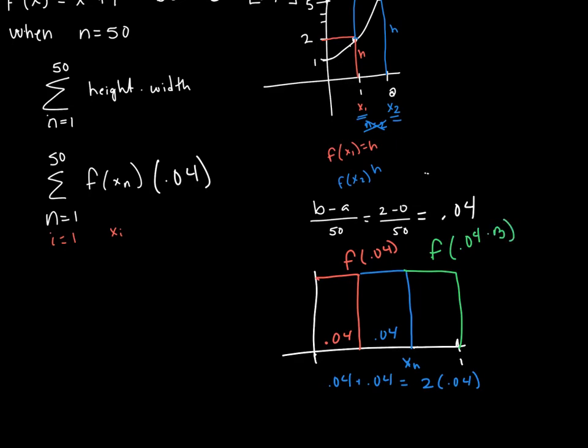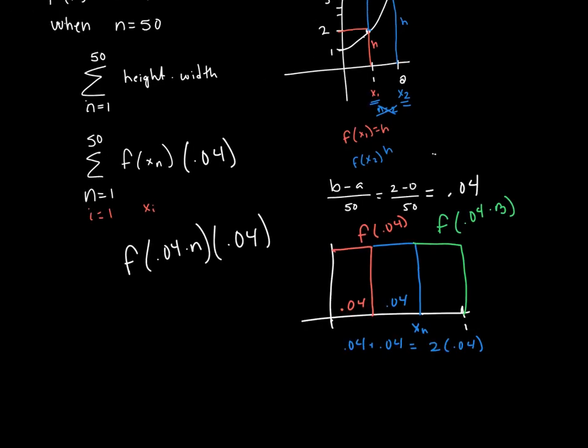So however many rectangles we're going over, in general, we're going to call that f of 0.04 times n, times a width of 0.04. So that's what my summation is, as n goes from 1 to 50 of this function.